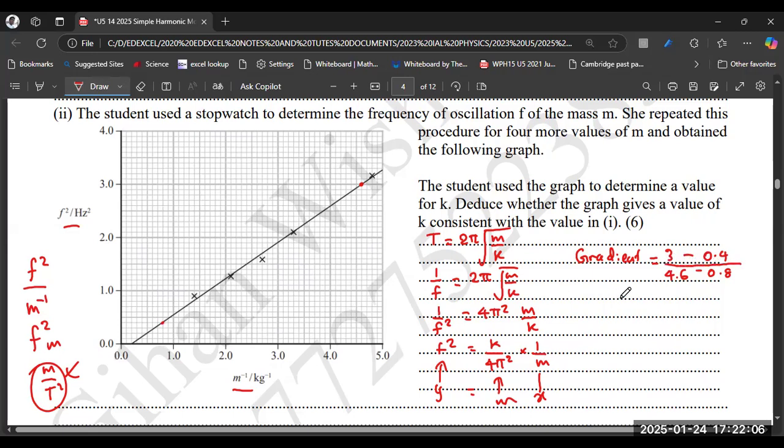And the gradient will be equal to what? k over 4 pi squared. Three minus 0.4 divided by 4.6 minus 0.8. Which is 0.6. I'm getting 27.